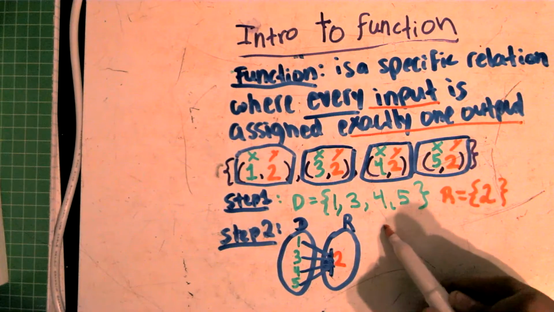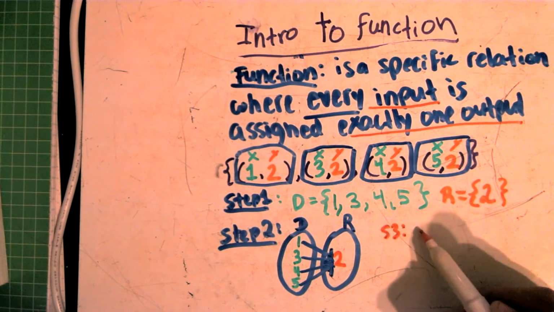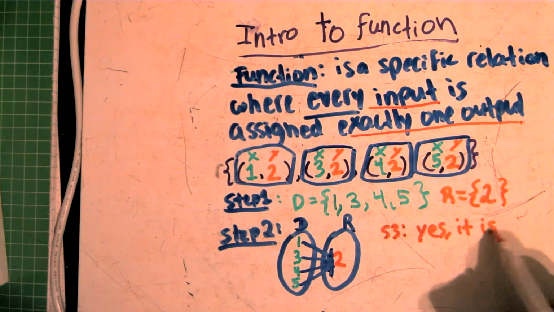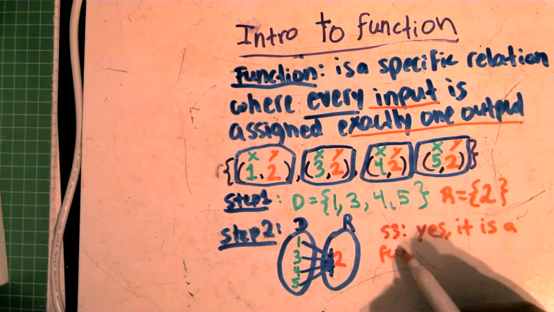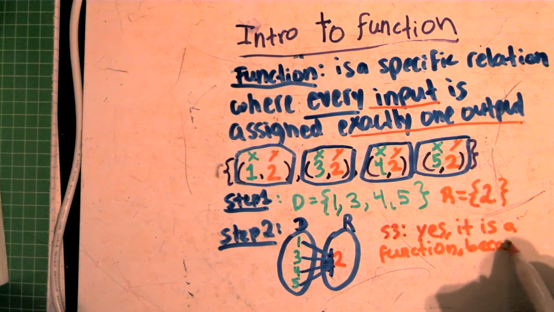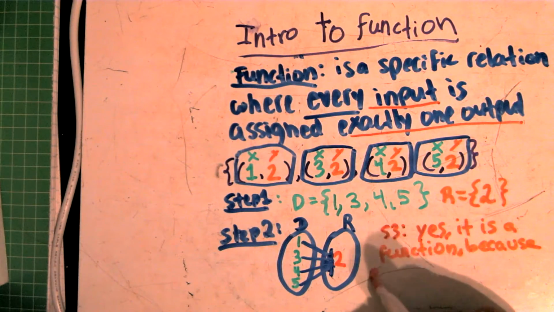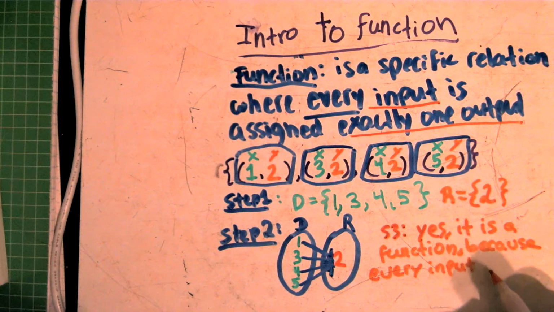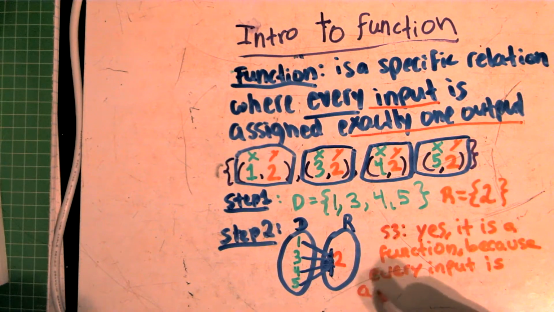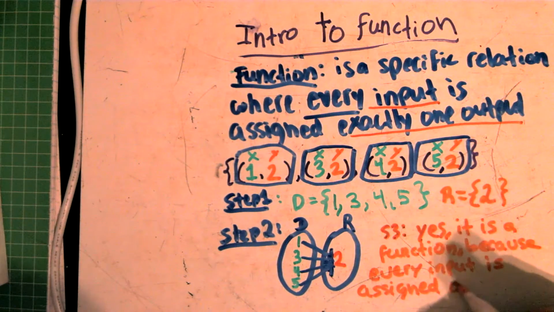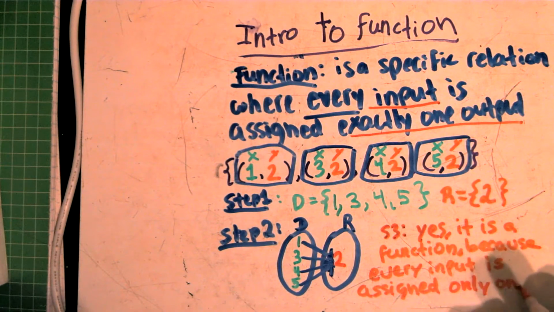Therefore, for step 3, yes, this relation is a function, because every input is assigned only, or exactly, 1 output.